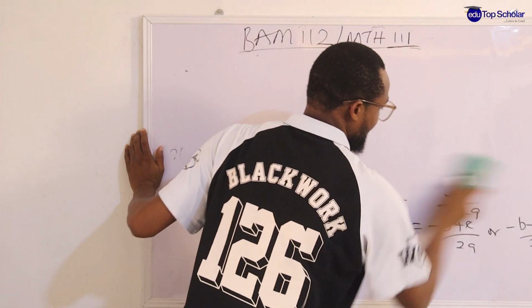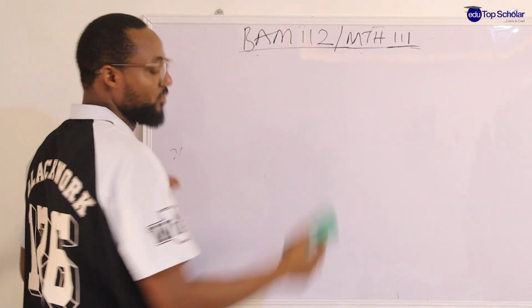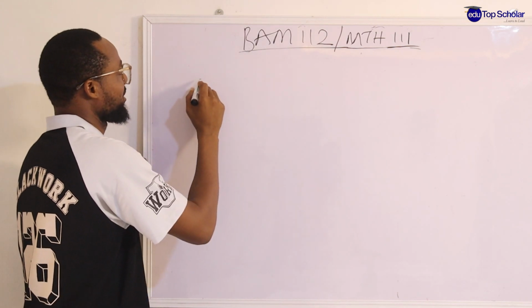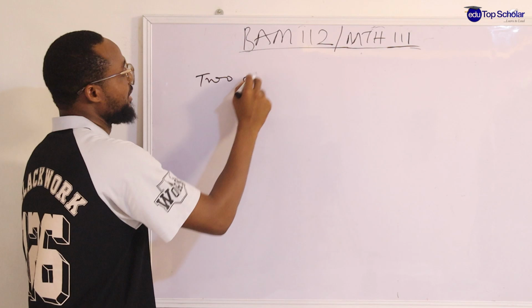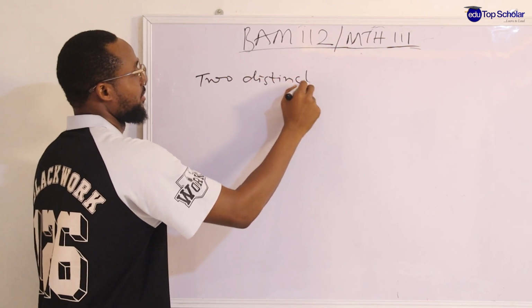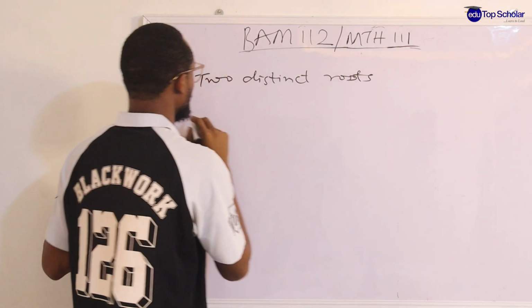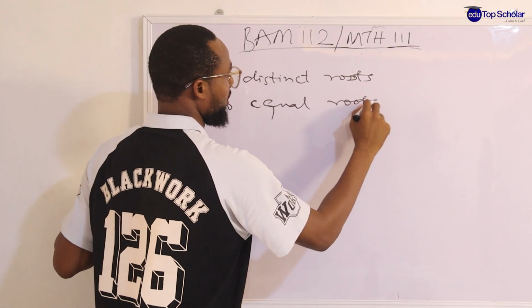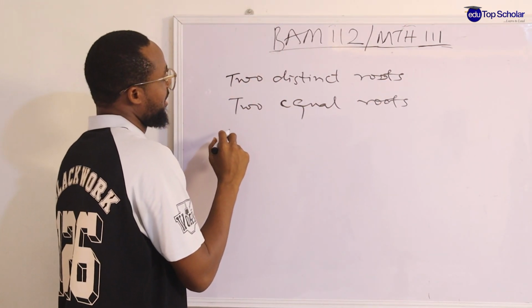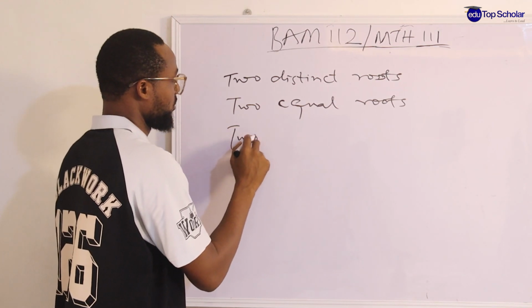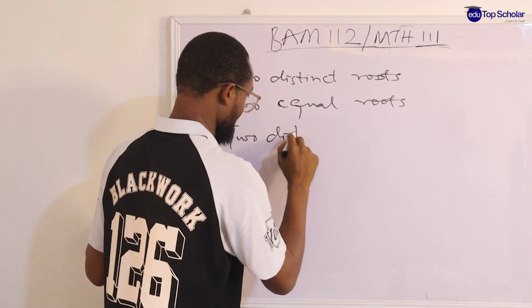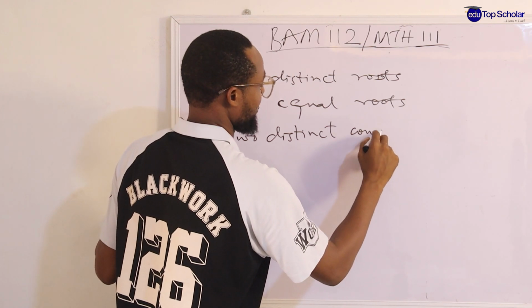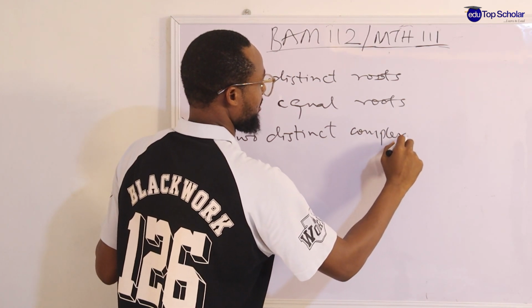In summary, we have three major types of roots that we can have. That is two distinct roots, two equal roots, and two distinct complex roots.